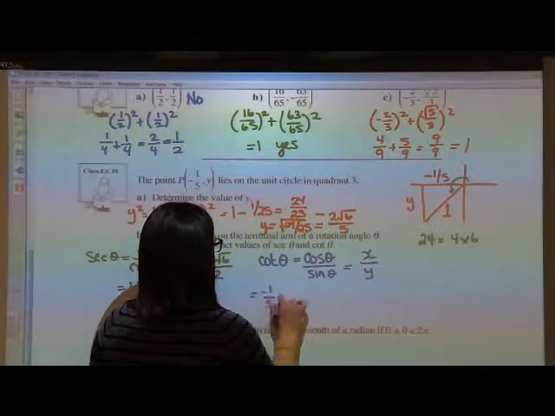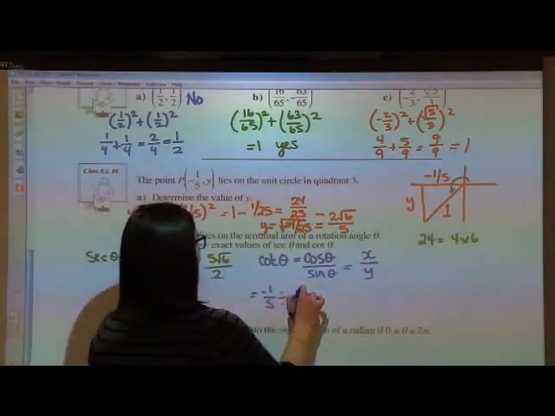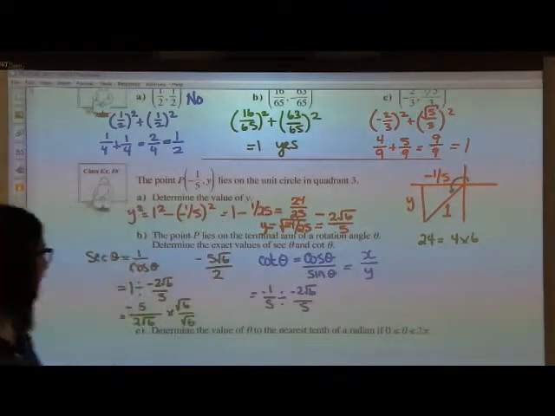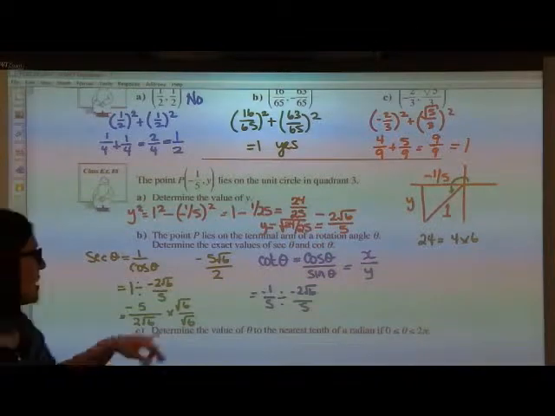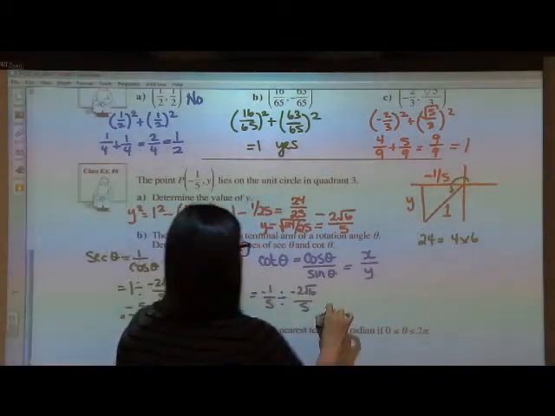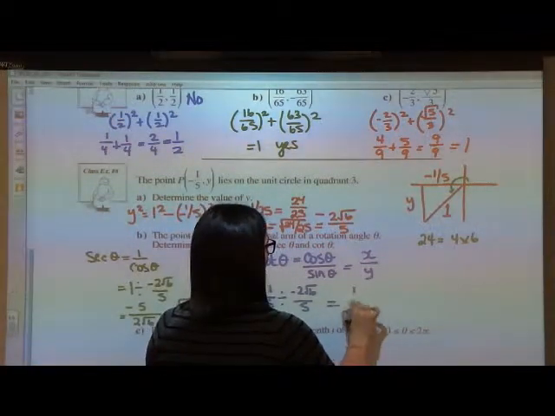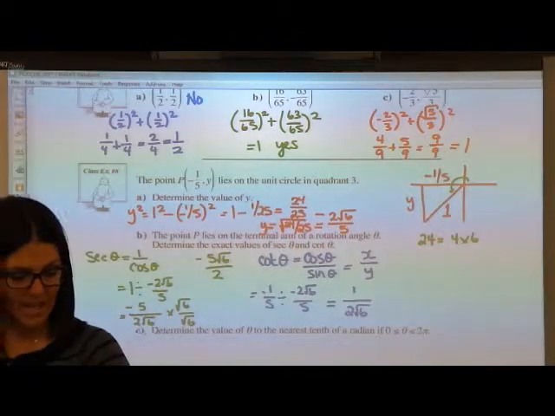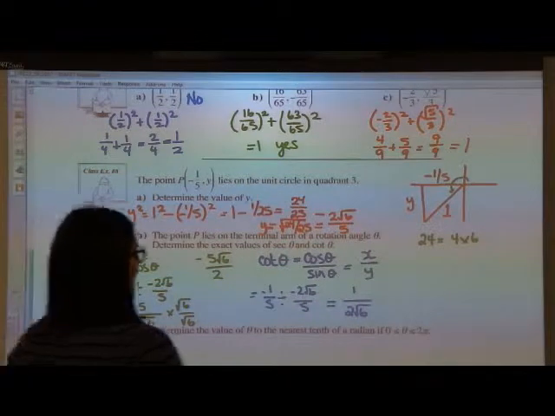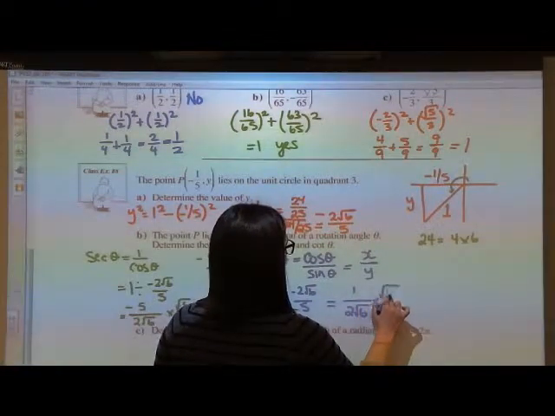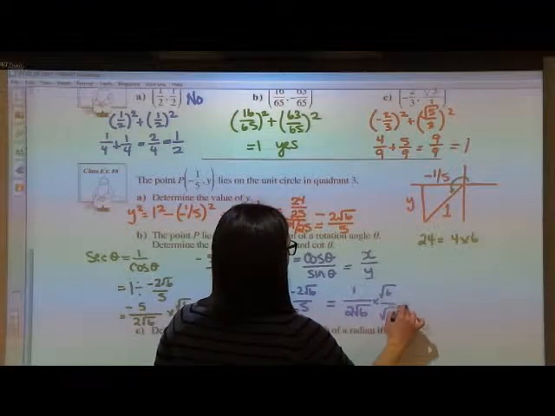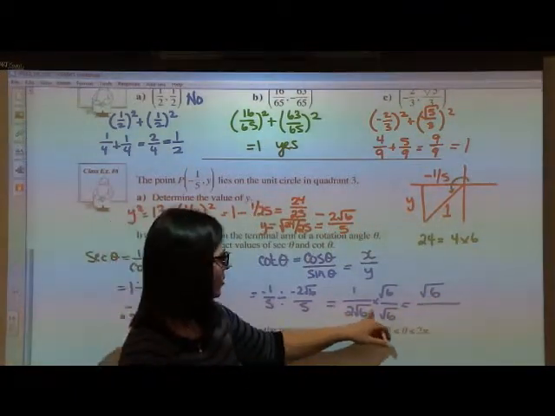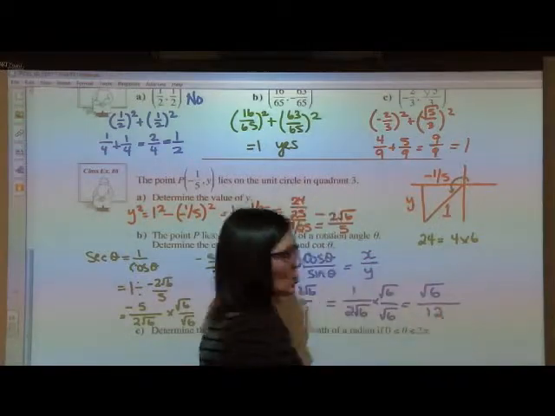So this becomes -1/5 divided by negative 2 root 6 over 5, because those are the values. If the denominators are the same, I can divide the tops, and I get 1 over 2 root 6. The negatives cancel themselves out. Then again, I can do this rationalizing. So I get root 6 on the top, and on the bottom, I'm going to get 2 times 6, which is 12.